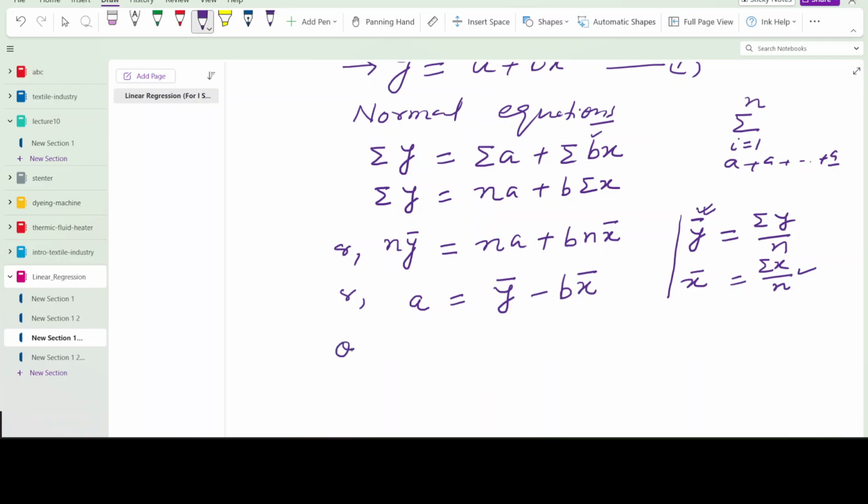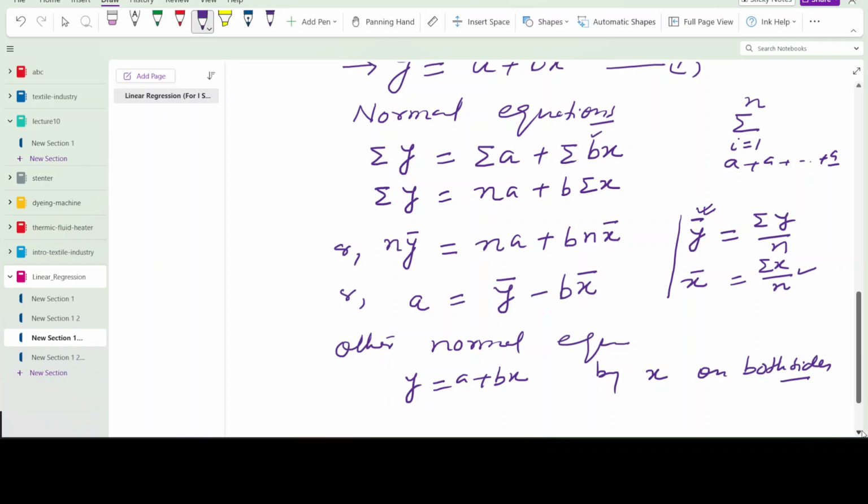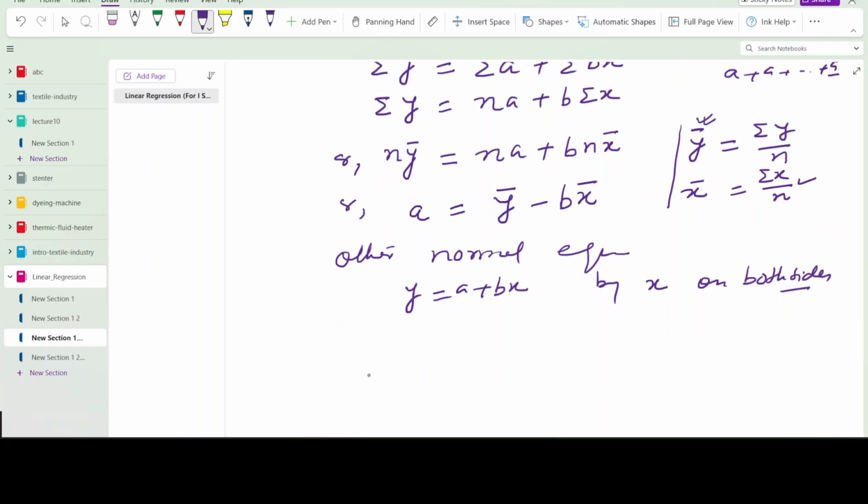Now for the other normal equation, we multiply regression equation y is equal to a plus bx by x on both sides and then take its sum, that is, xy is equal to ax plus bx square.